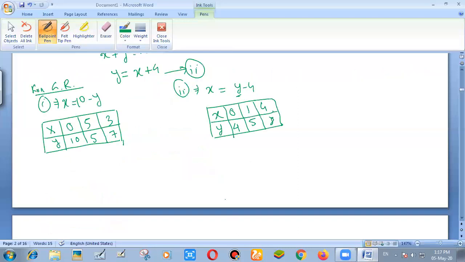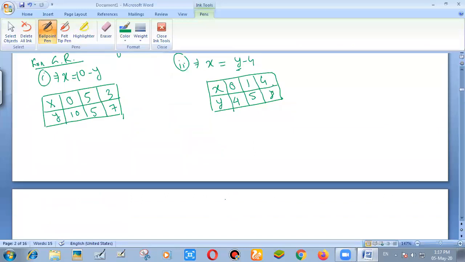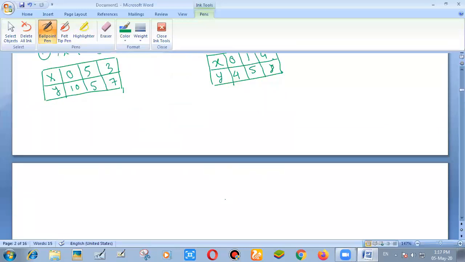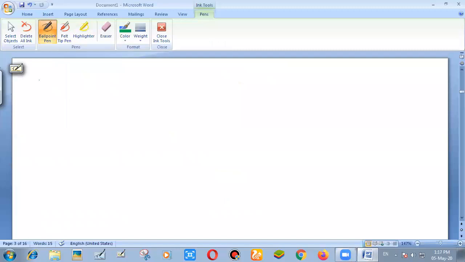Okay. So let me plot the graph roughly. All of you tell me the table here. First table. One minute, I am going to plot here. First tell me the values. x 0, y 10.